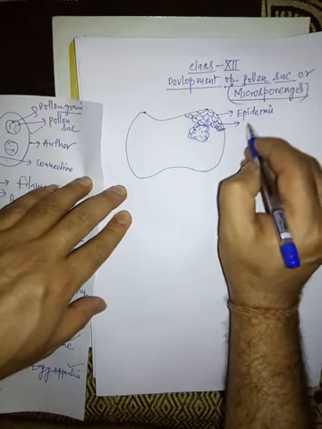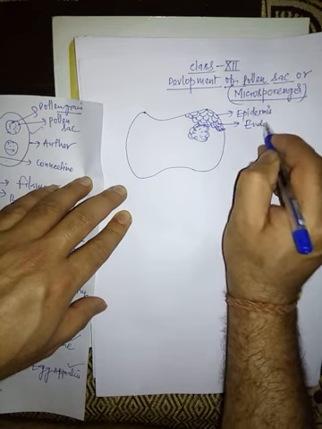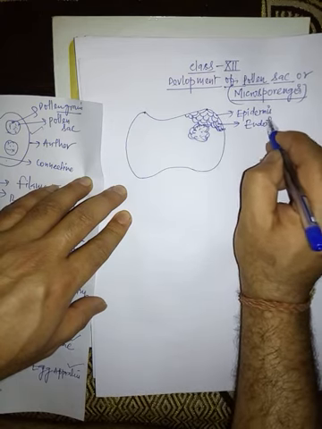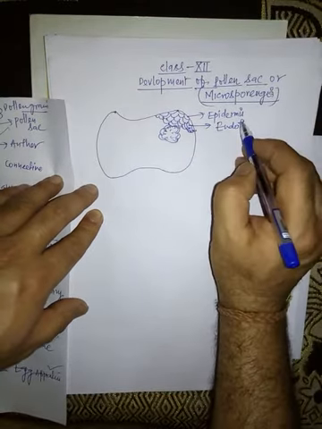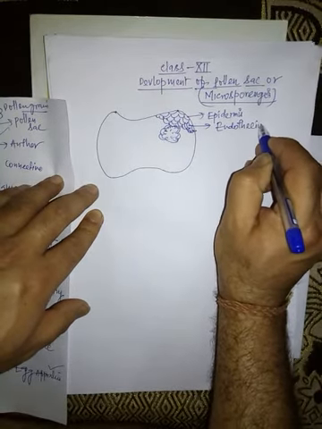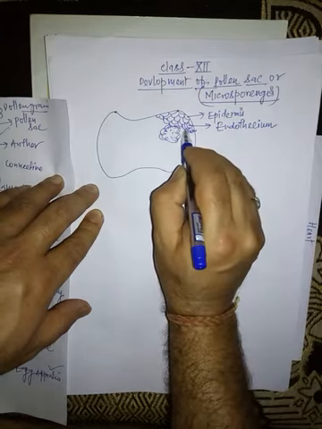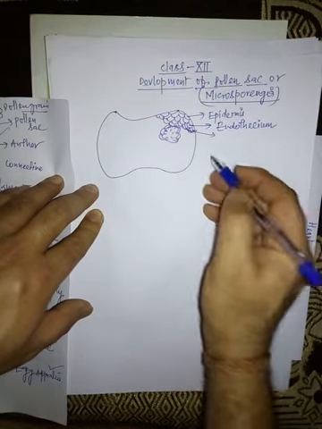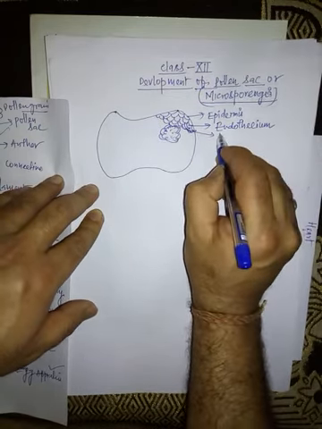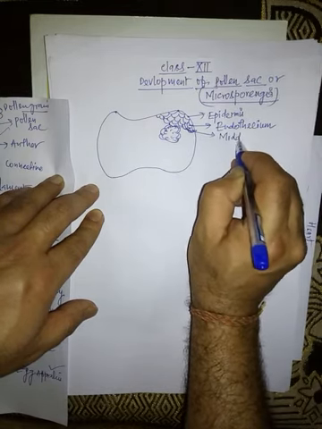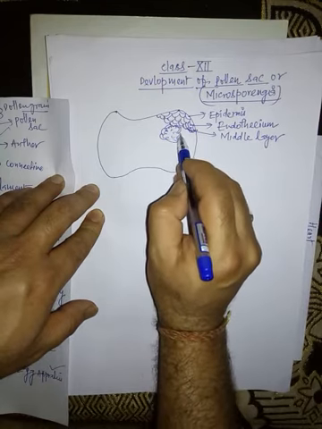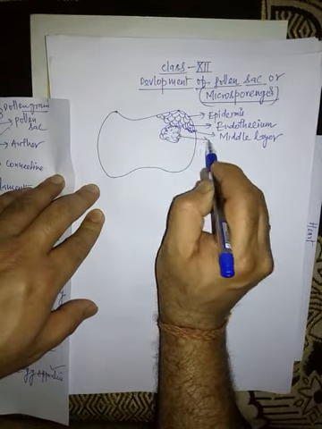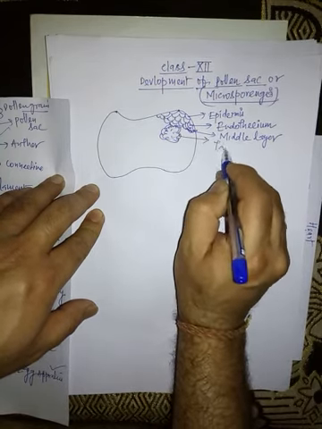Second layer of cells is called endothecium. These 3-4 layers are called middle layer, and inner layer is called tapetum.